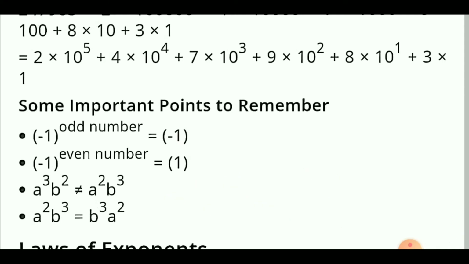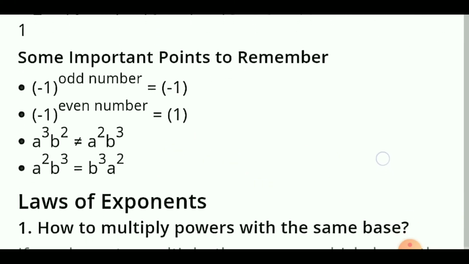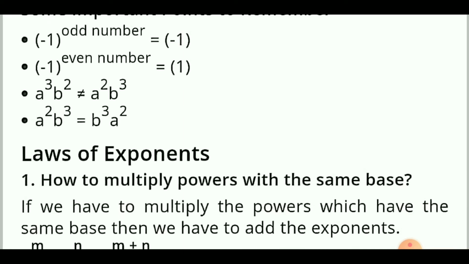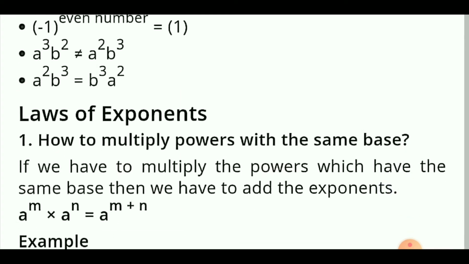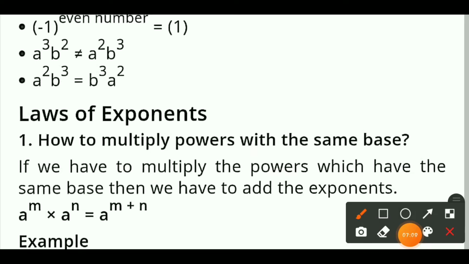Now we are going to study some laws of exponents: how to multiply when we have the same base. As you can see here, both bases are a, and the powers are different, one is m and another is n.